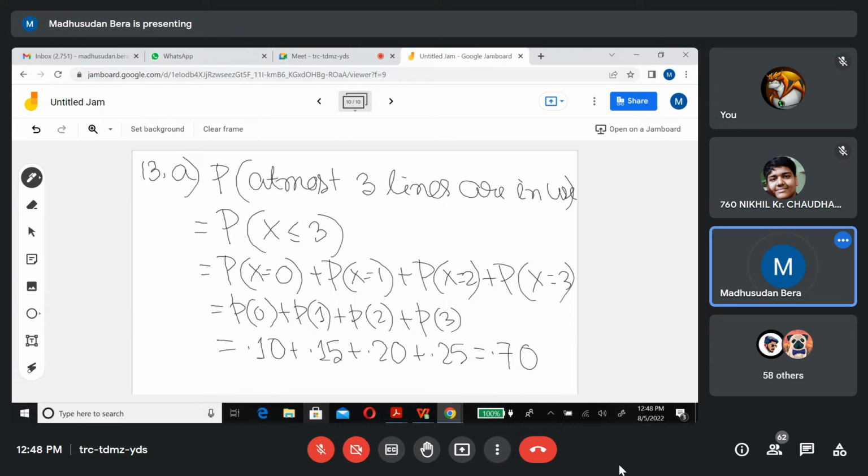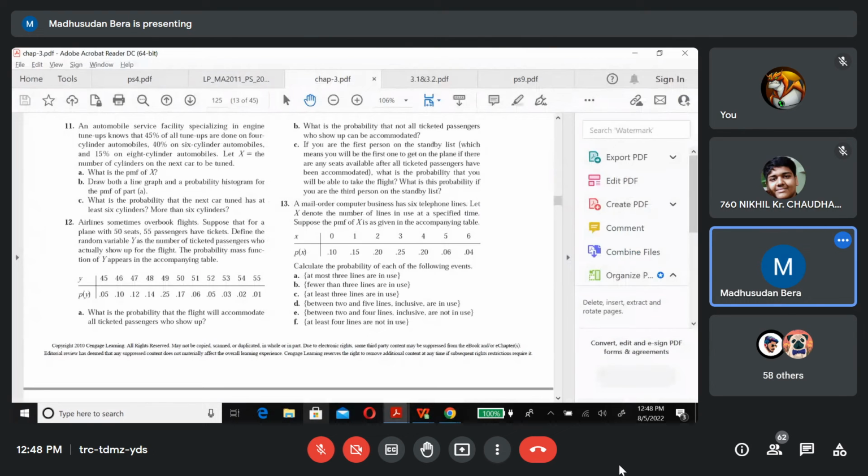Suppose next part. Fewer than 3 lines are in use.